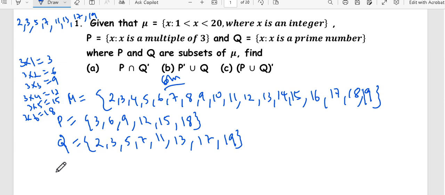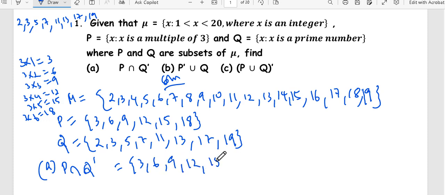Now the first question says find P intersection Q prime, or Q complement. Now let's list it out. The elements of P are 3, 6, 9, 12, 15, and 18. Intersection, the elements of Q prime.